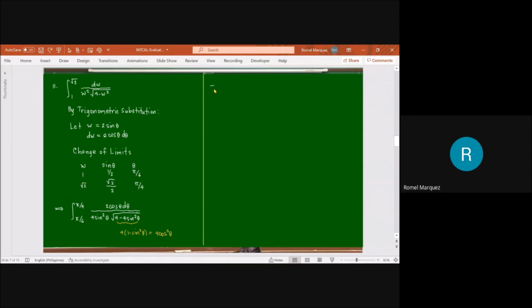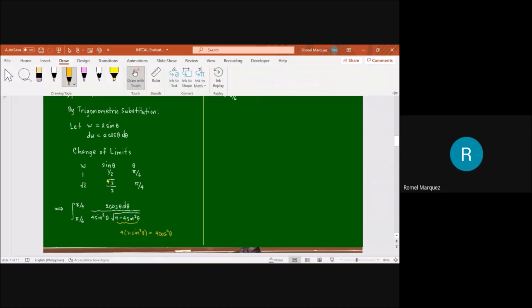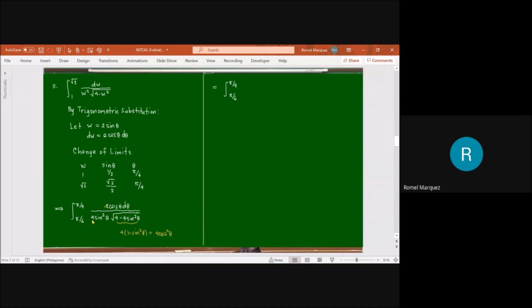Guys, integral from pi over 6 to pi over 4. So 2 is cancelled here. So we have simply positive 2, no? This is positive 2 now here. And then this is 4 cosine squared. What's the square root?